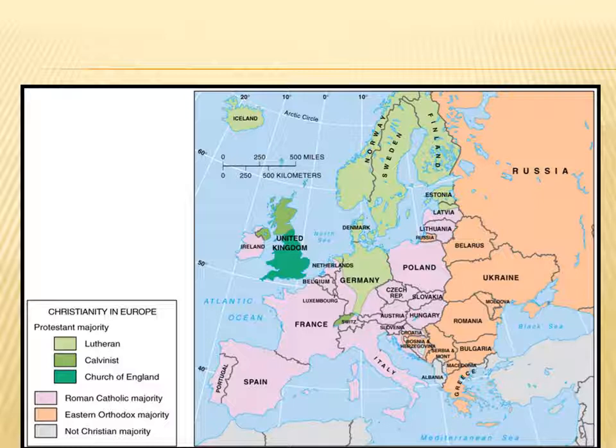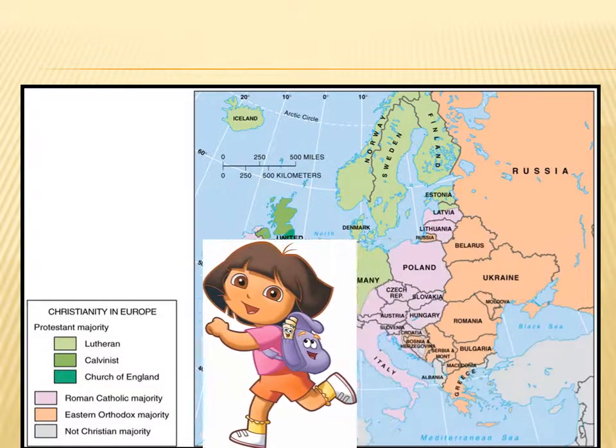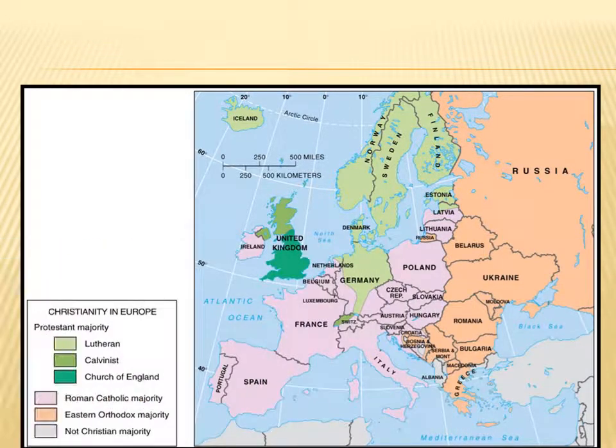What language branch is spoken in the areas that Protestantism dominates, what language branch is spoken where Catholicism dominates, and what language branch is spoken where Orthodox Christianity dominates? Let's make that connection. Those are important elements to make. All right?